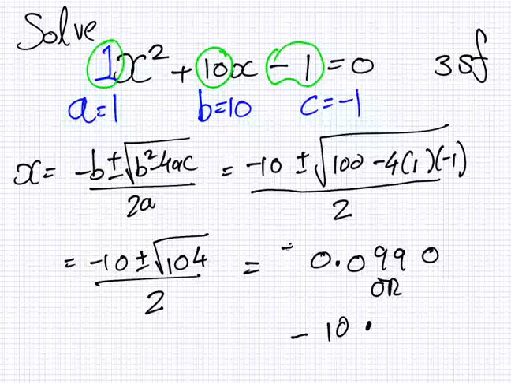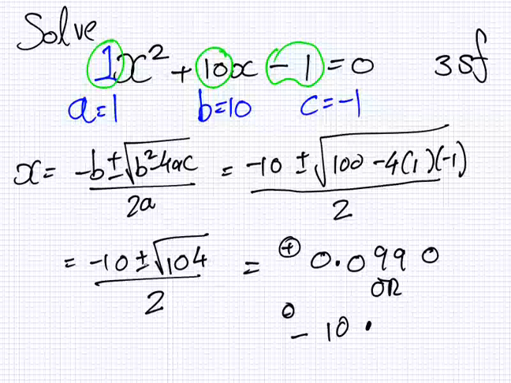Because 1 decimal place here, the 1 means you round down, so it's 0. What about 2 decimal places? 0.02. 3 decimal places? 0.195. Yeah? And then lastly, 4 decimal places is the same.